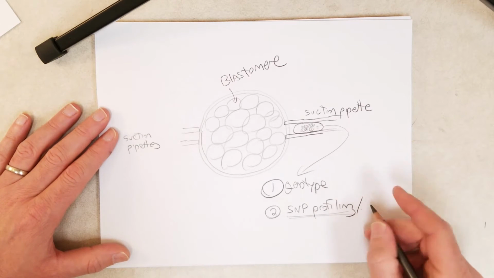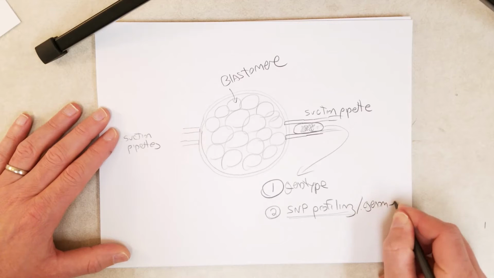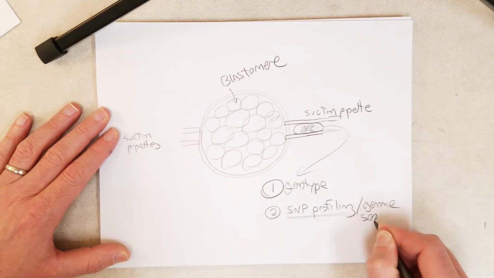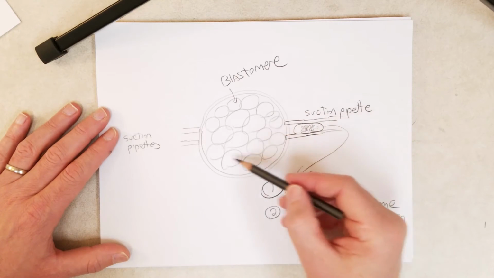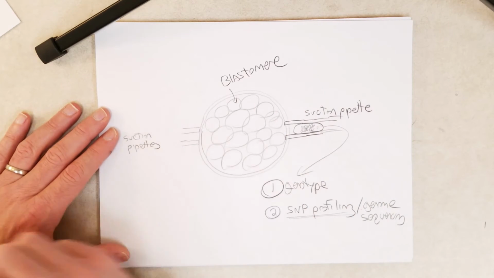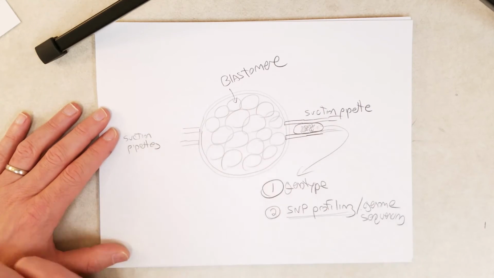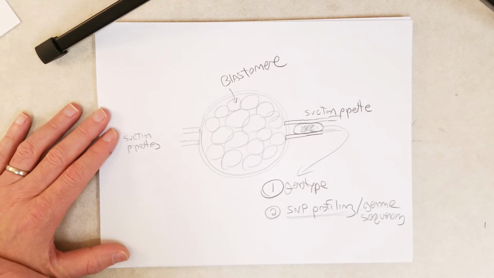We can take that a step further and do genome sequencing. So not just SNP profiling, but determining the whole sequence of the genome from this early embryo, of this individual here at this very early stage.